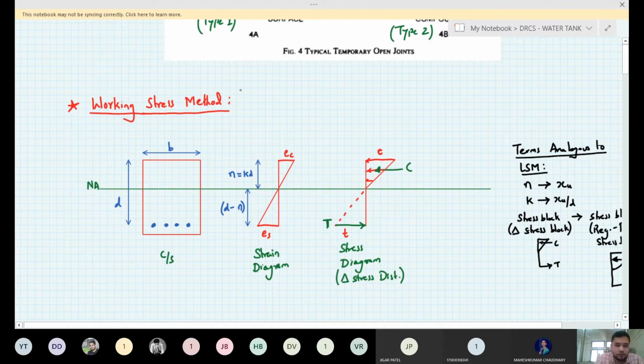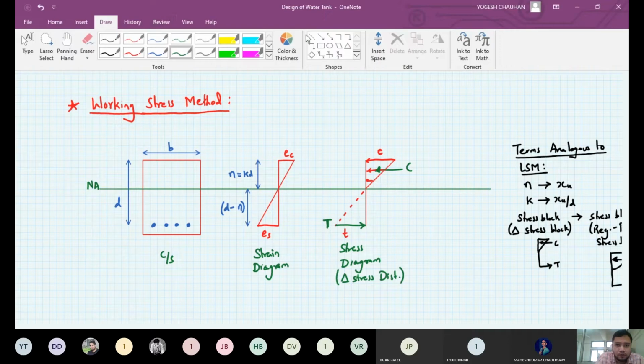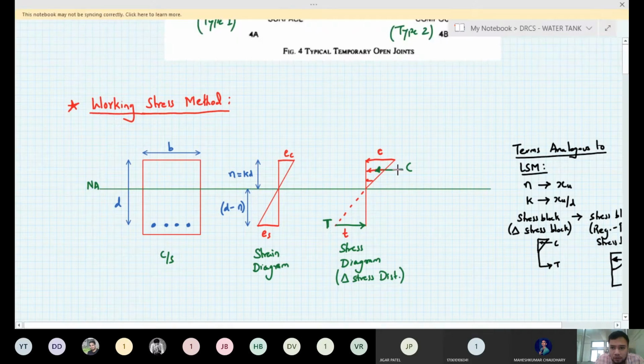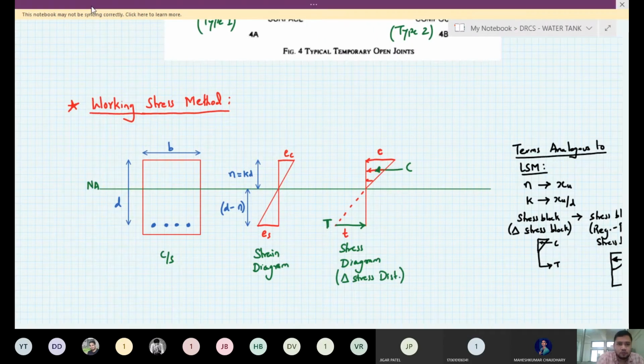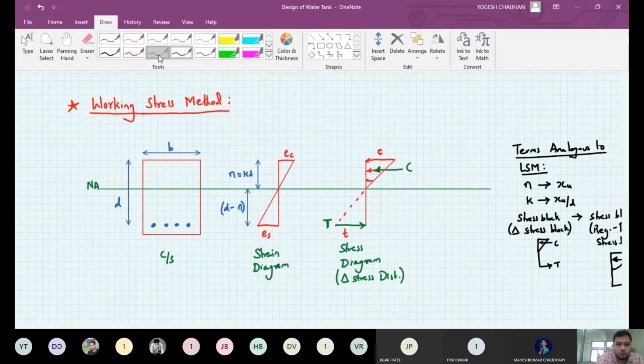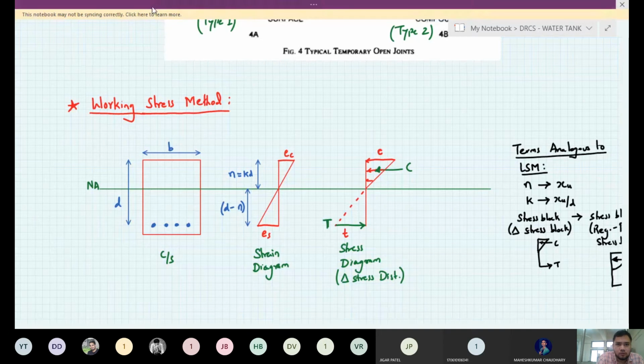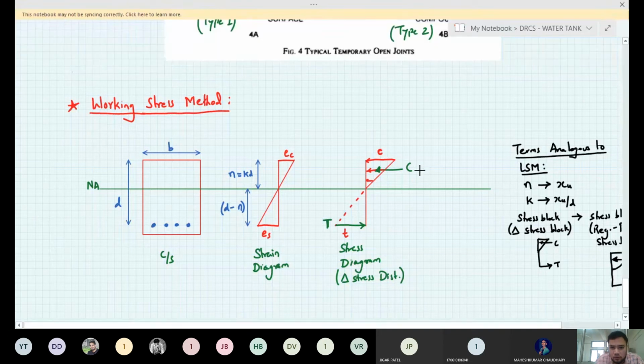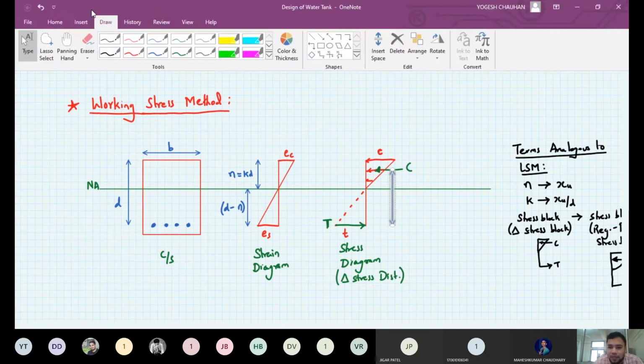Now this is actually the lever arm factor Z, which we use in the limit state philosophy.